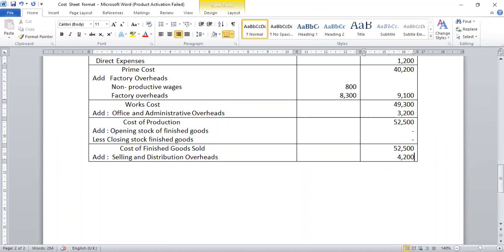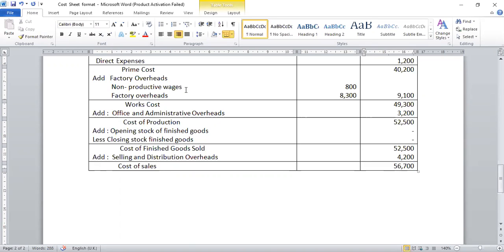And then we will get cost of sales. So your cost of sales will be 56,700, and selling price is given in the problem.